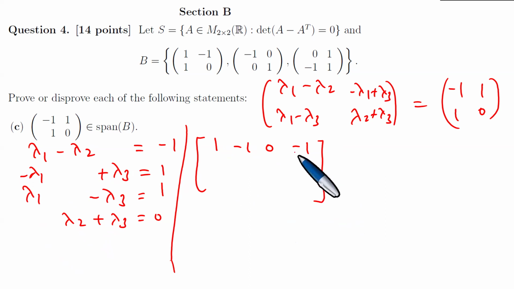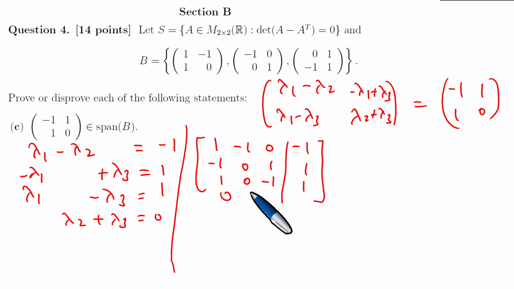Sometimes in your school, they don't put a line here. Sometimes if you augment, you put a line so that they don't get mixed up. Next, you have minus 1, 0, 1, 1. And then here you have 1, 0, minus 1, 1. And then you have 0, 1, 1, and then 0. This kind of matrix is exactly the same as the one your teacher got in your school.